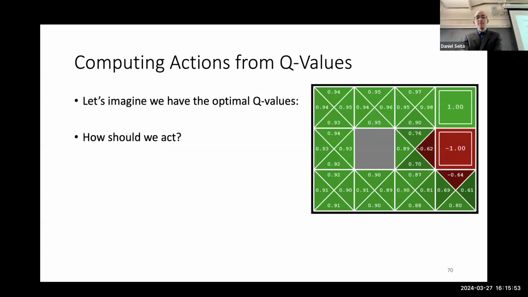All right. Next question. What if you have the Q values? How do we act? You remember from last time, in this grid world, there are 4 actions. That's why you see each grid component has up, down, left, right values in there.